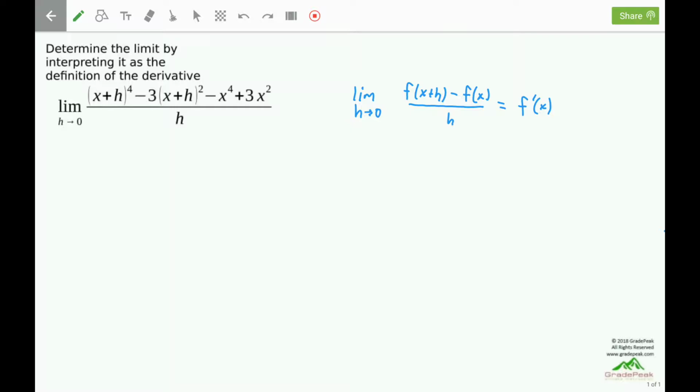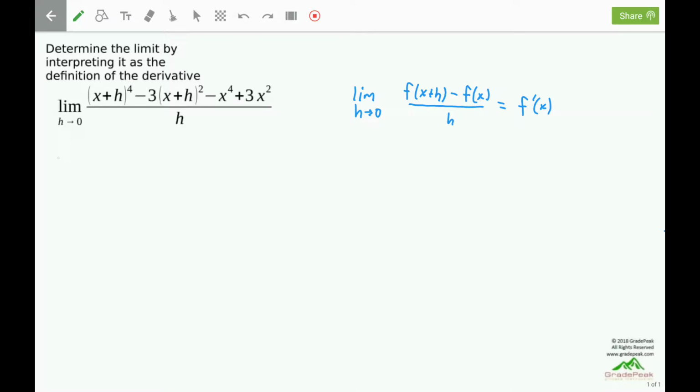To do that, we need to figure out f of x. F of x is found right here, but it's subtracting the entire f of x. And that means we will want to rewrite this with that negative factored out.